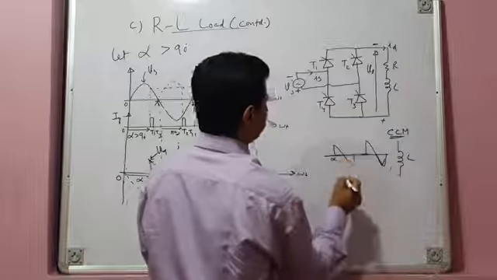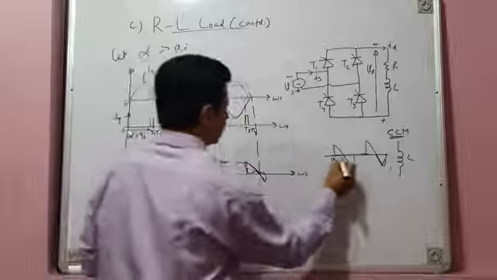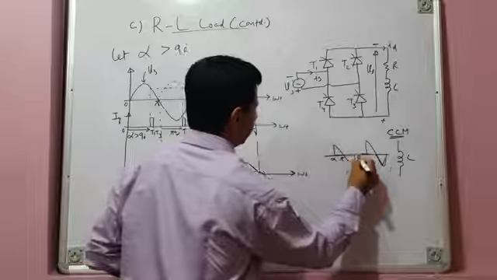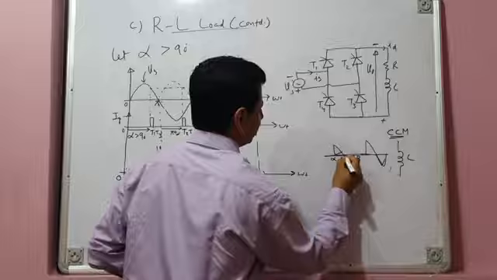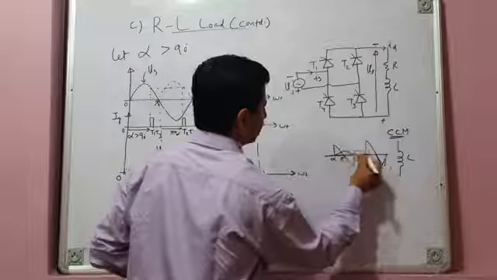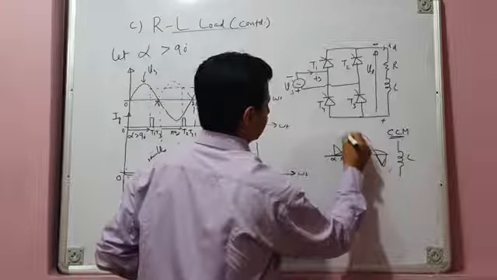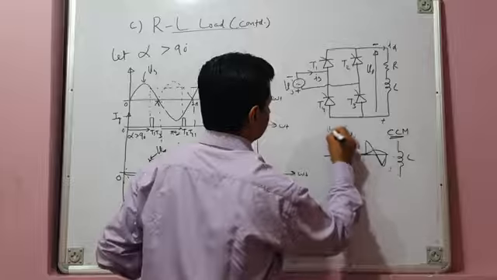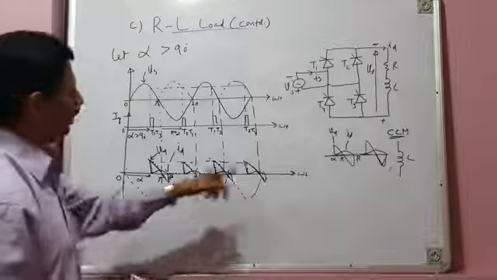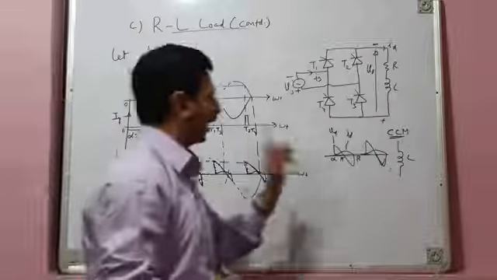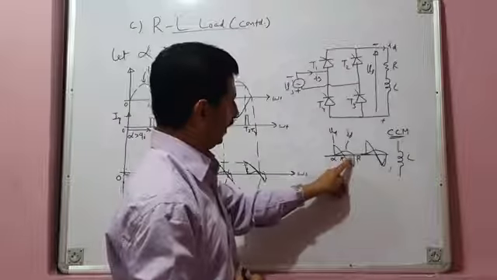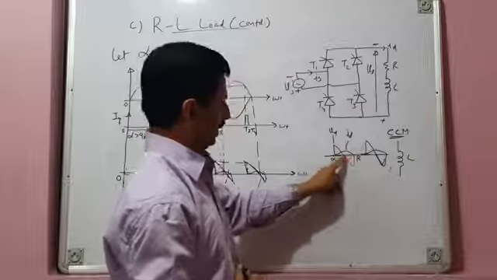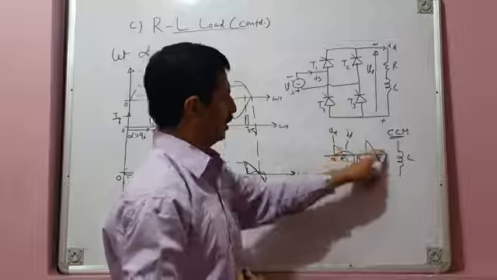This was alpha, this was pi, and this was beta. There also current was rising, it was reaching peak value at pi, and then it was becoming zero. This was load current ID, and this was load voltage VD. I mean, the two waveforms are similar except for one fact. The fact is that here negative voltage area is exactly equal to positive voltage area everywhere.